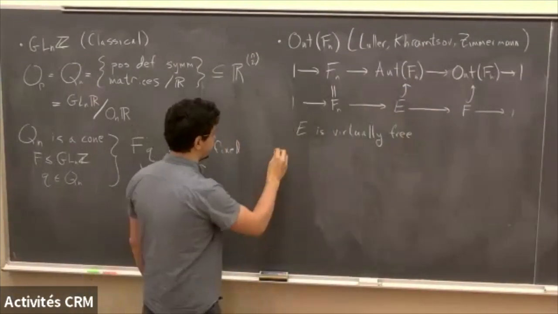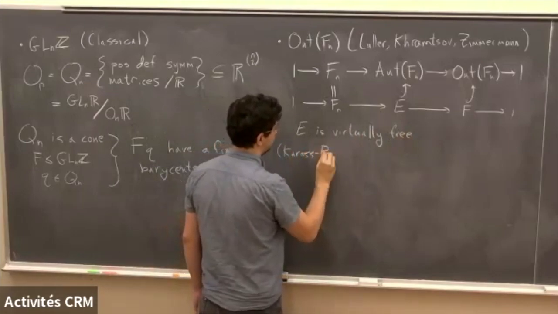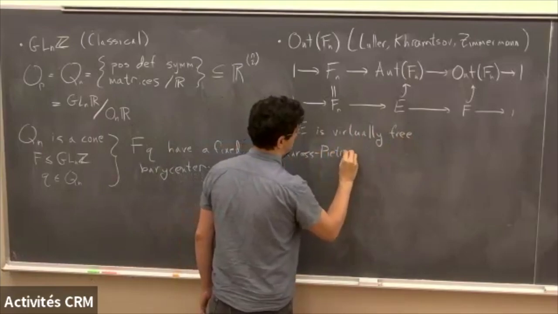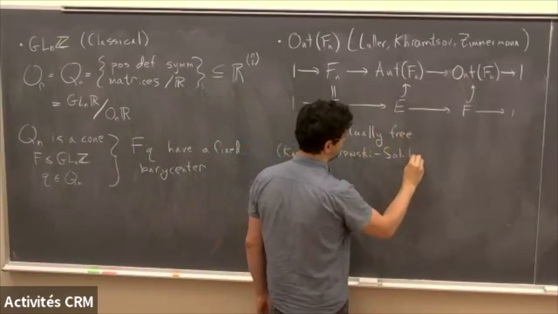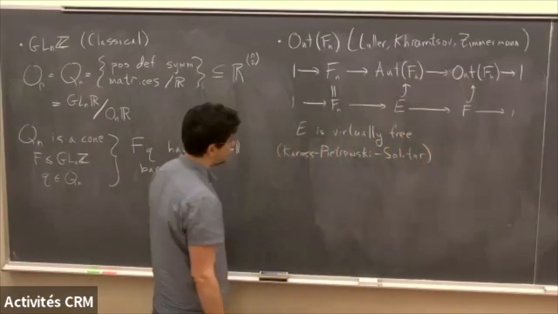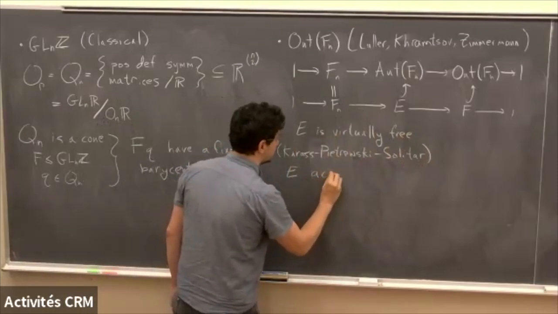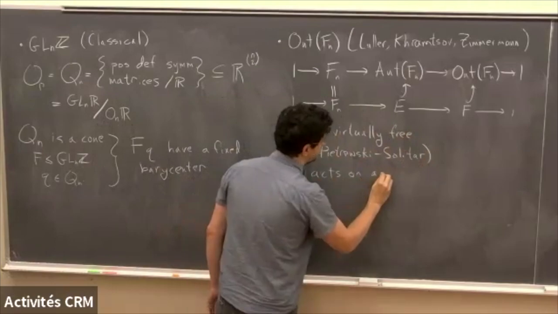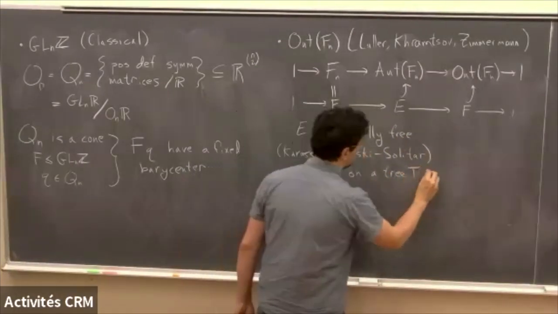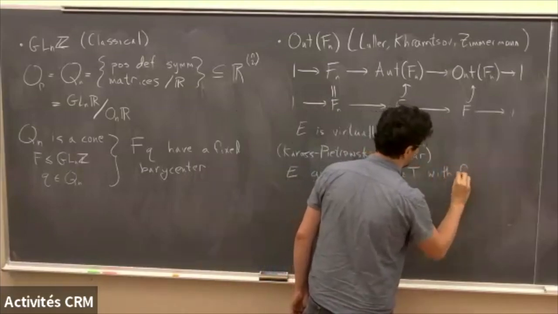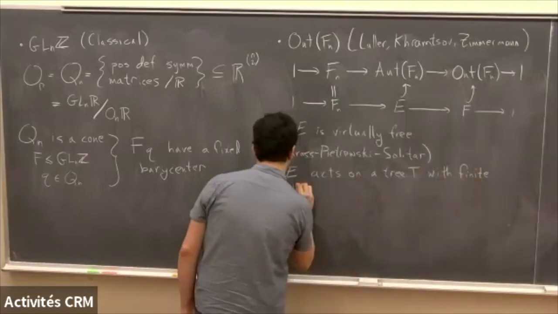And in particular, there's this result of Karrass, Pietrowski, Solitar, it says that E will act on a tree, T say, with finite vertex and edge groups.